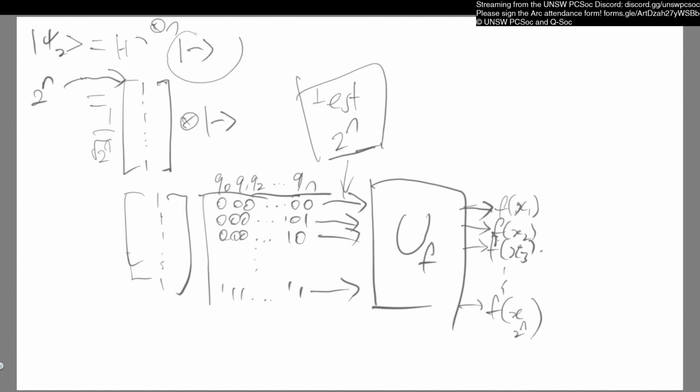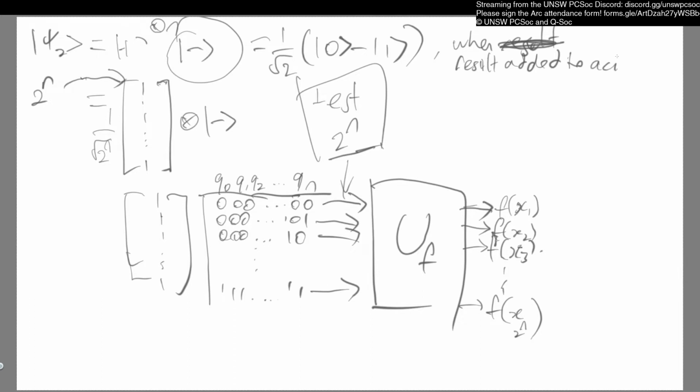So the ancilla qubit was initially in the 0 state, right? When the result is added to the ancilla, we'll call it result plus ancilla.